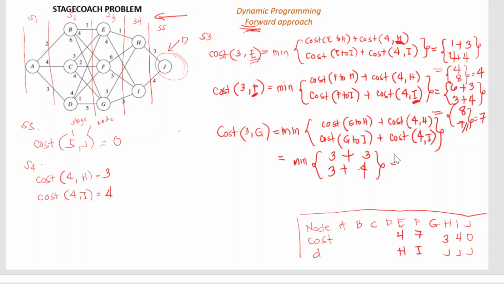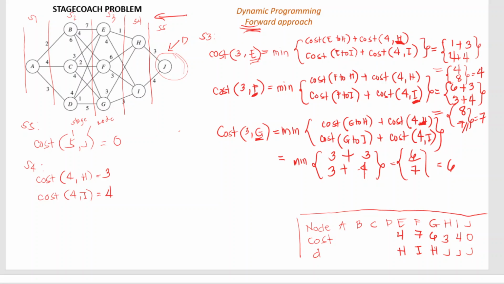So that would be 6 and 7. Therefore, I will choose 6, which is under H. So H, then G. This is 6. So G comes from H with a value of 6.